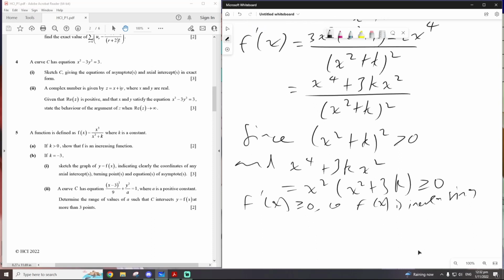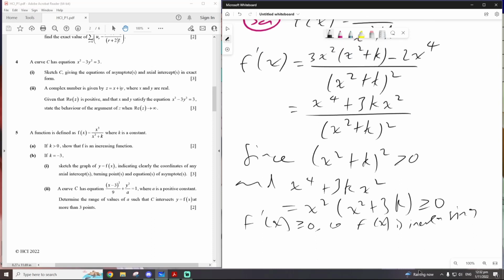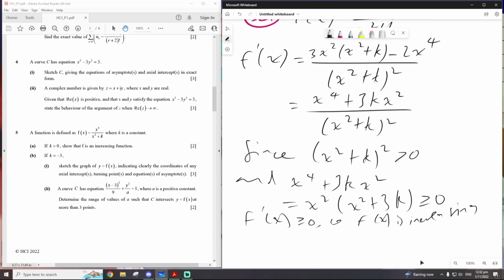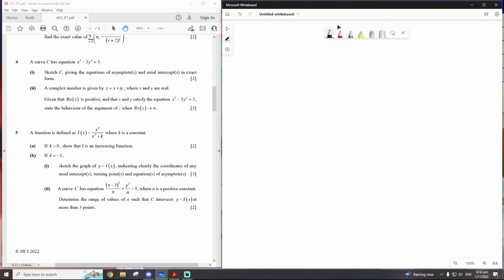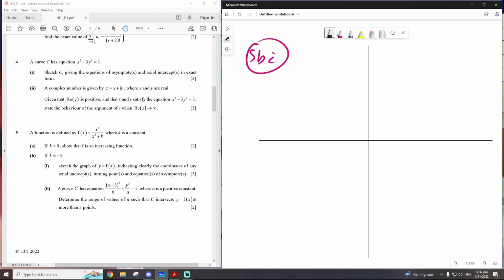But never mind. We now turn to the case k is negative 3 and sketch this curve. Of course, you can just use your GC to sketch it, and you will get a rotationally symmetrical curve.